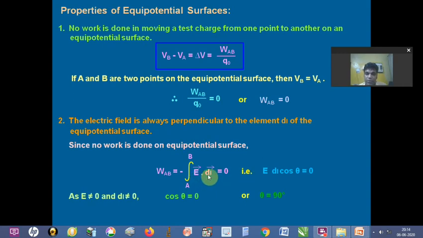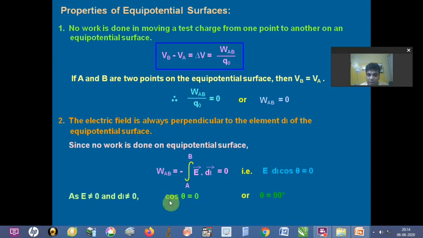So this is a dot product. We can write here E dl cos theta, where theta is the angle between the electric field and the dl vector. So E dl cos theta is equal to 0, and we know E can never be 0 and dl can never be 0.